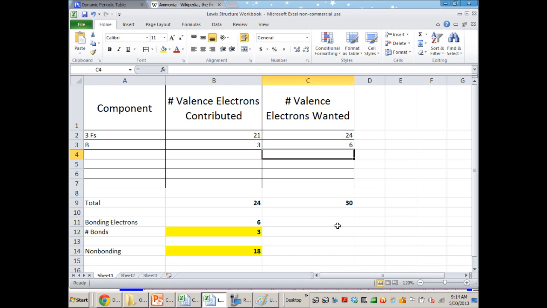So there we go. Now boron just has to suck it up with 6 electrons. Overall, the total number of valence electrons wanted and double counted between all the different centers would be 30. That means the number of bonds would be 3 and the number of non-bonding electrons would be 18.